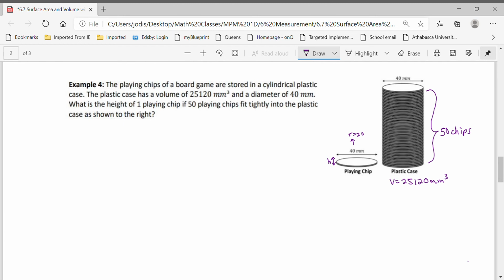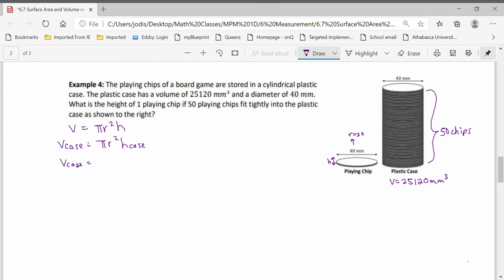So if we take a look at this, we know that the volume of a cylinder is pi r squared h. And then if we look at this plastic case, the volume of the case is going to be that pi r squared times the height of, again, the case, right?